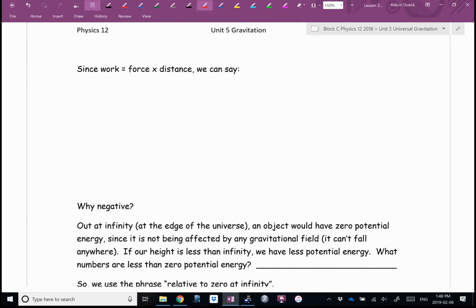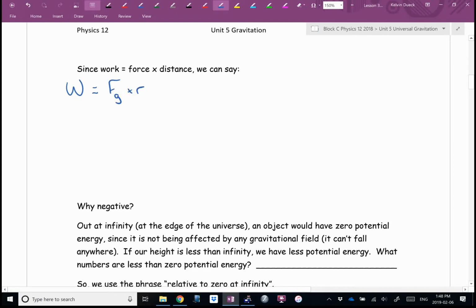So I'm going to do some fast talking here. This technically isn't the correct derivation, but it gets us to the right answer, so we'll live with it. Since work equals force times distance, we can say that work equals the force of gravity times r.